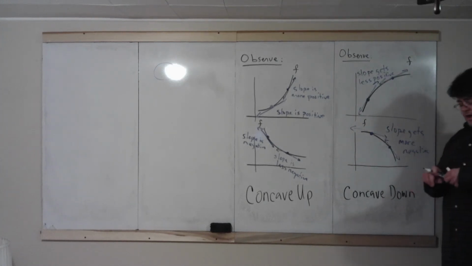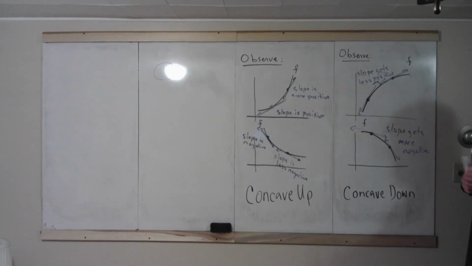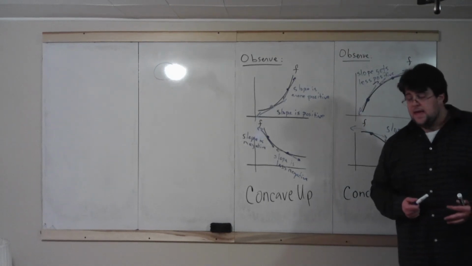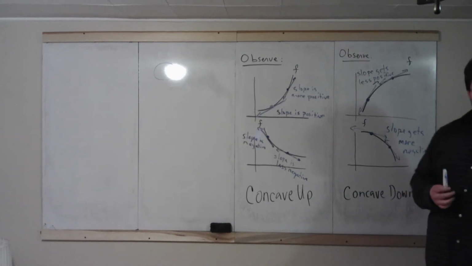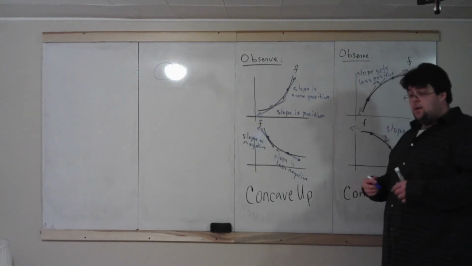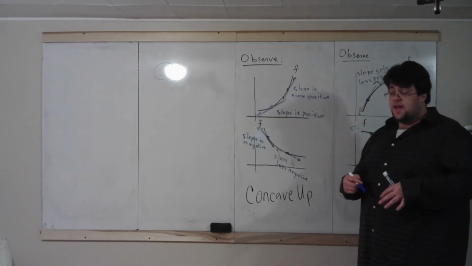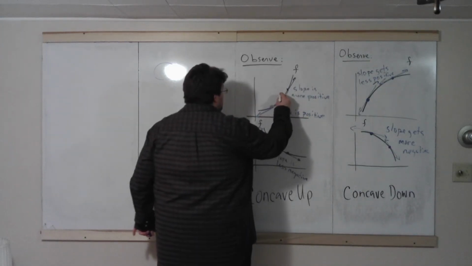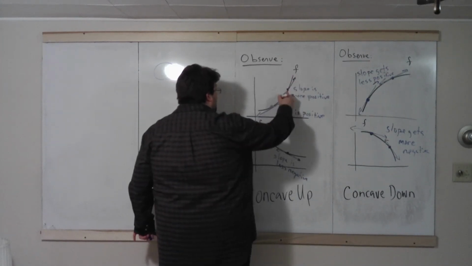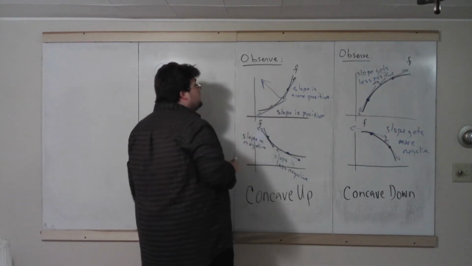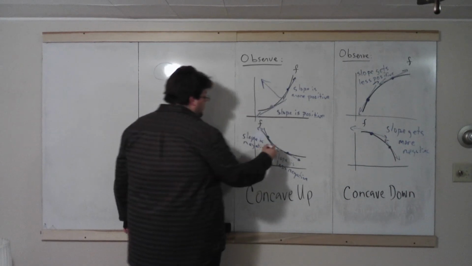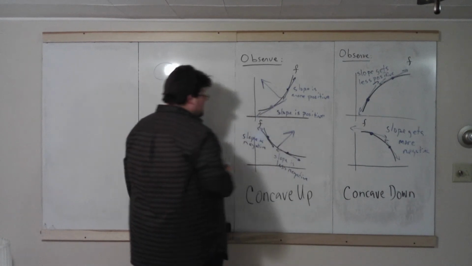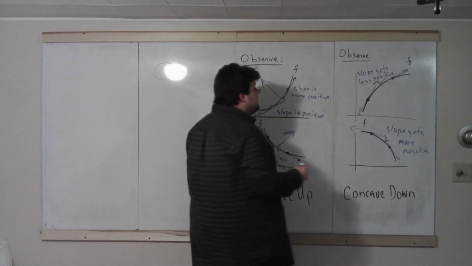And why do we call it these words? Well, because we can see without going through a slope analysis how the function is kind of caving. What do I mean by that? We'll take the bowed in part of the function and point away from the bowed in part of the function in all cases.